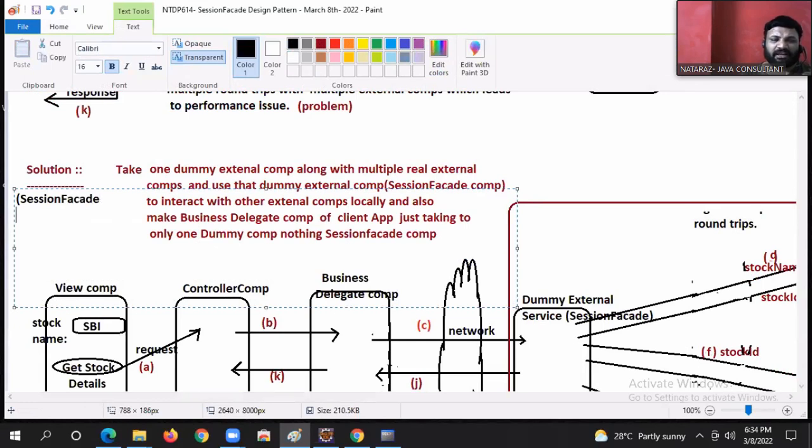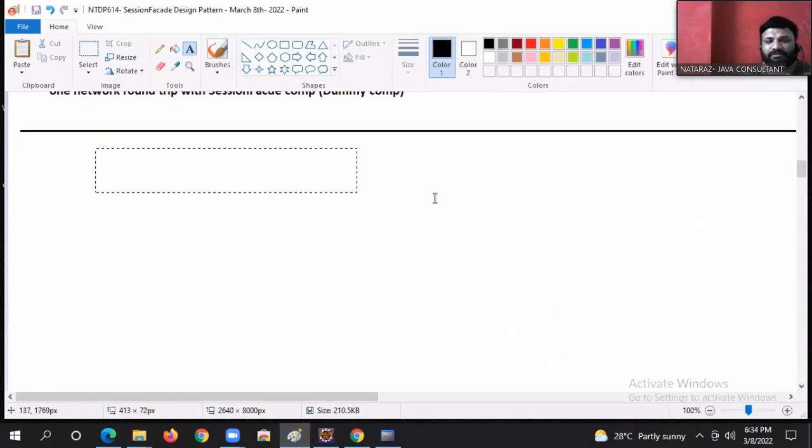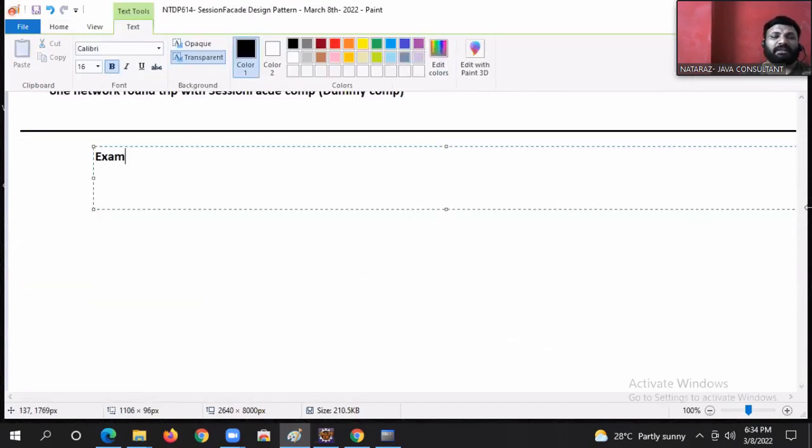SessionFacade design pattern implementation. Right, guys. Fine, boss. Example application on service locator plus SessionFacade. Why service locator? That component will be there in the JNDI registry now, boss.